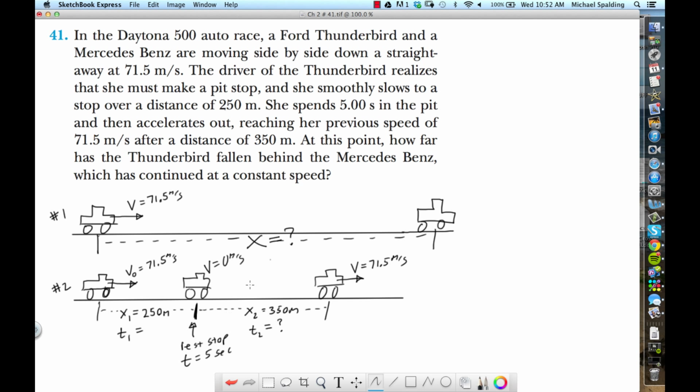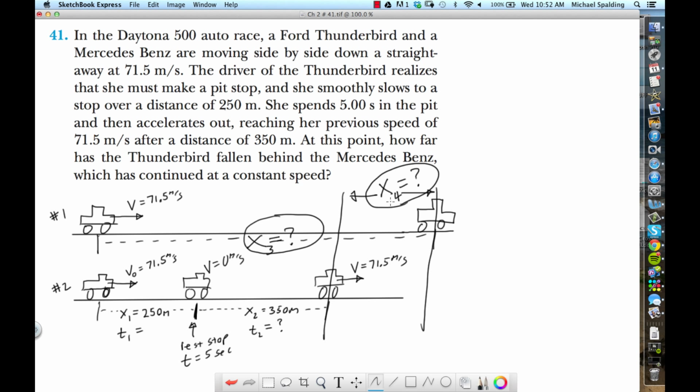And once we know how far car number 1 has traveled during this total time, then what we're looking to find is this distance in here, from here to here. This is what we're being asked to look for, which we'll call x3, and this one's x4. So I call this x1, x2, x3. The ultimate thing we're trying to find here is x4.